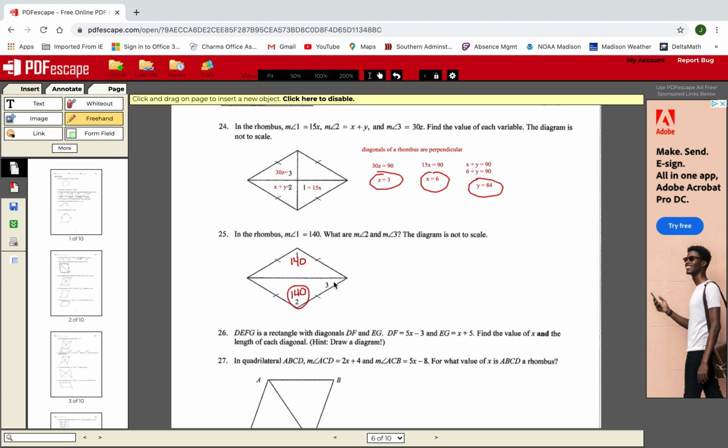And since all sides are congruent, we're actually looking at an isosceles triangle down here at the bottom, where 140 is the vertex angle. So 140 from 180 gives us 40 for the other two angles, which we'll then have to divide by 2. So here we are using the isosceles triangle theorem and the triangle sum theorem to find out that angle 3 is 20.